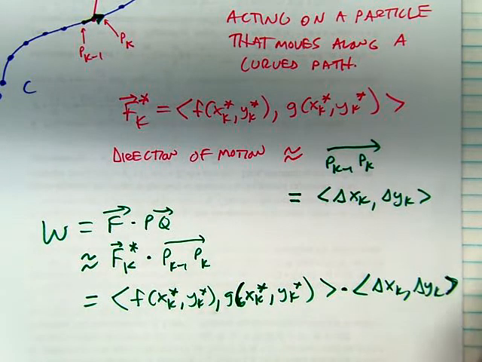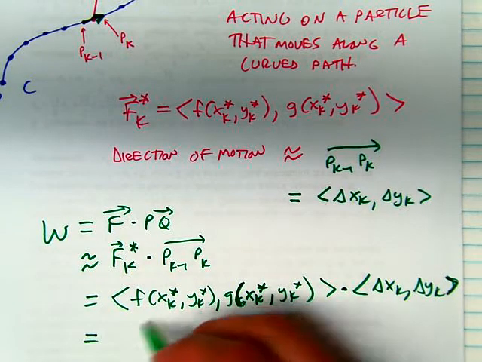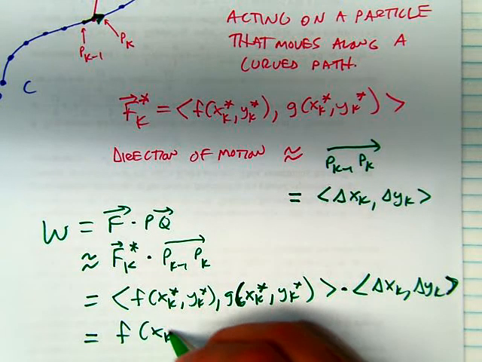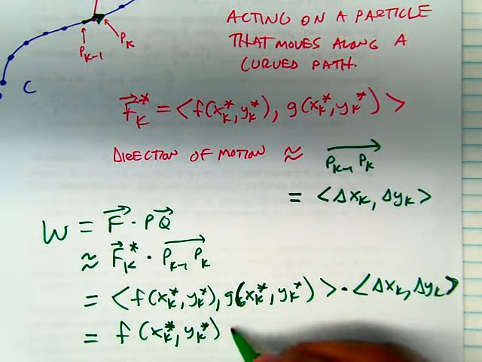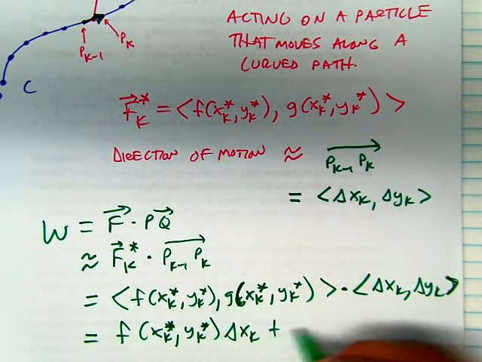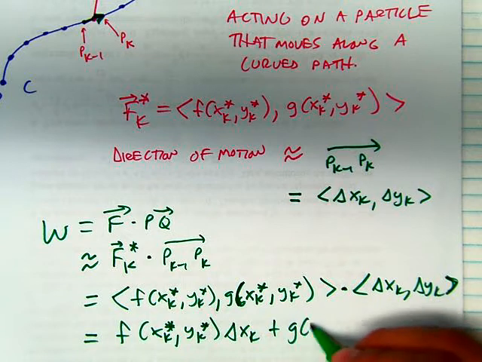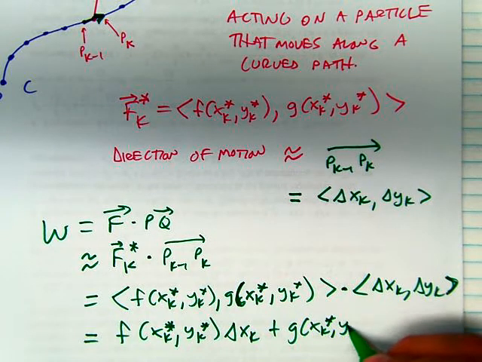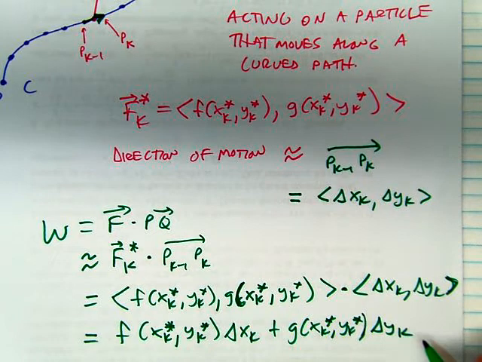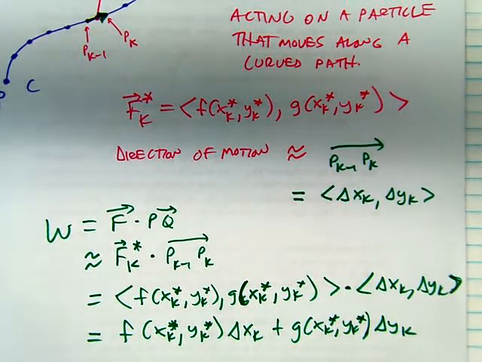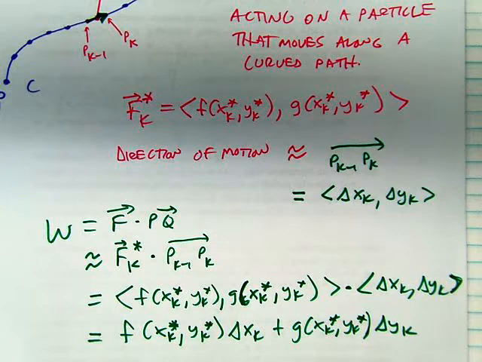So we take the dot product of those two, and we get f of x sub k star, y sub k star, delta x sub k, plus g of x sub k star, y sub k star, delta y sub k. Which looks familiar, doesn't it?